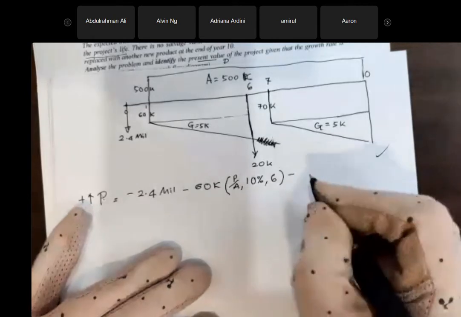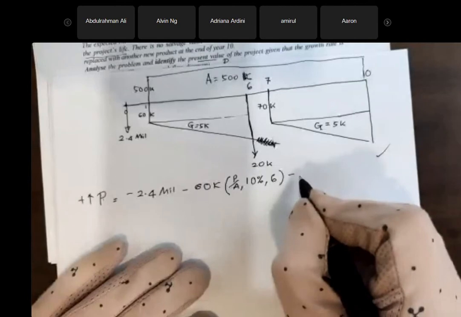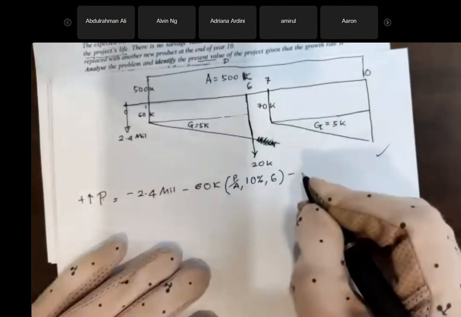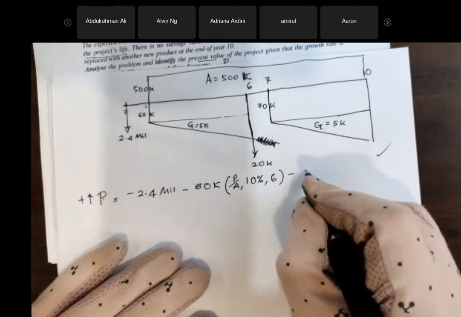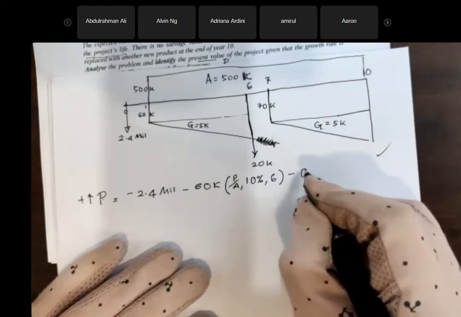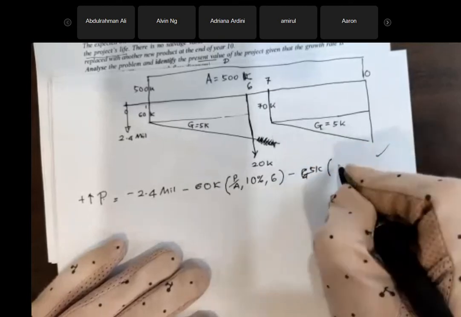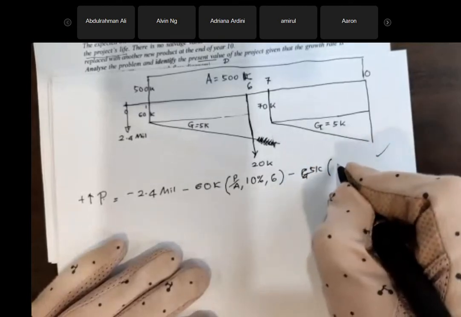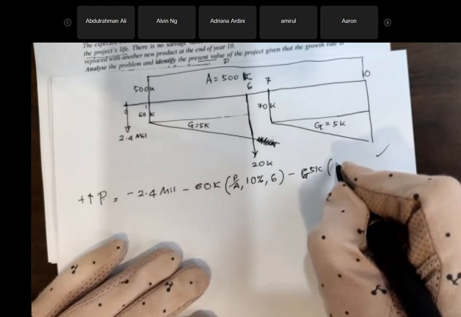Alvin, okay. And then after this, 60. Okay, I help you. G here. 5K. Then, sorry, Alvin, P over.